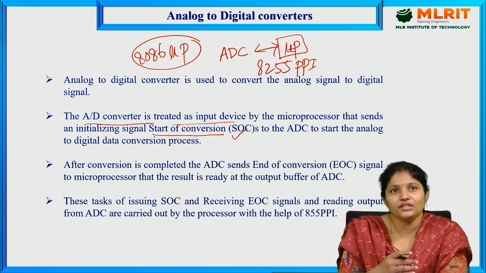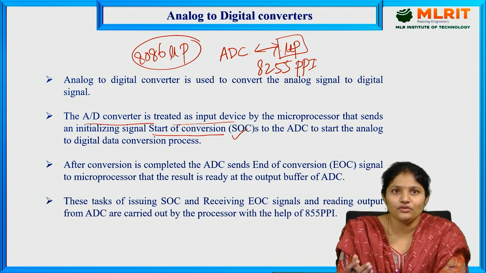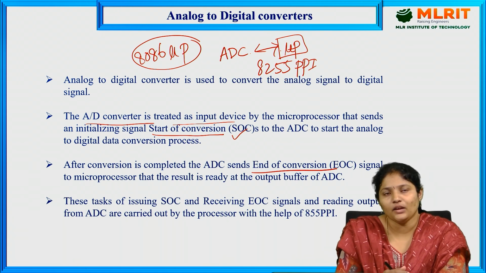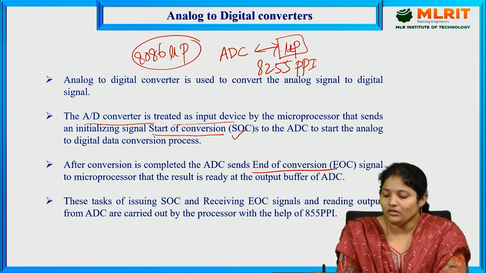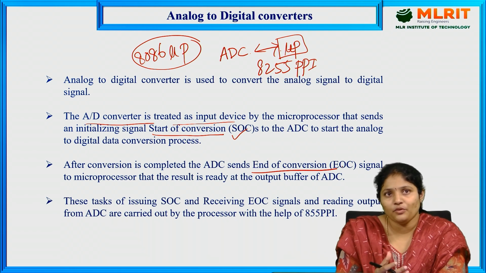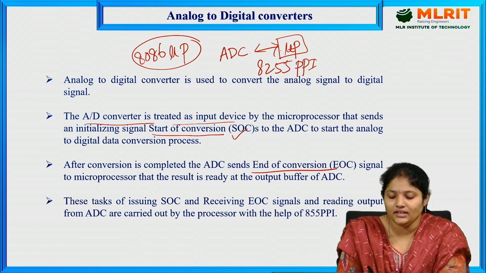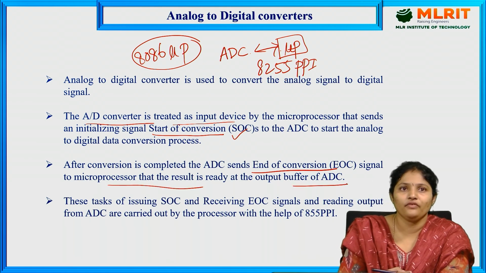Then the conversion will start, and after the conversion is done, the A to D converter sends an end of conversion signal, saying I have already done the conversion, so you can take the output at the ADC buffer. When the microprocessor receives the end of conversion signal, it can get the output from the buffer of the ADC.